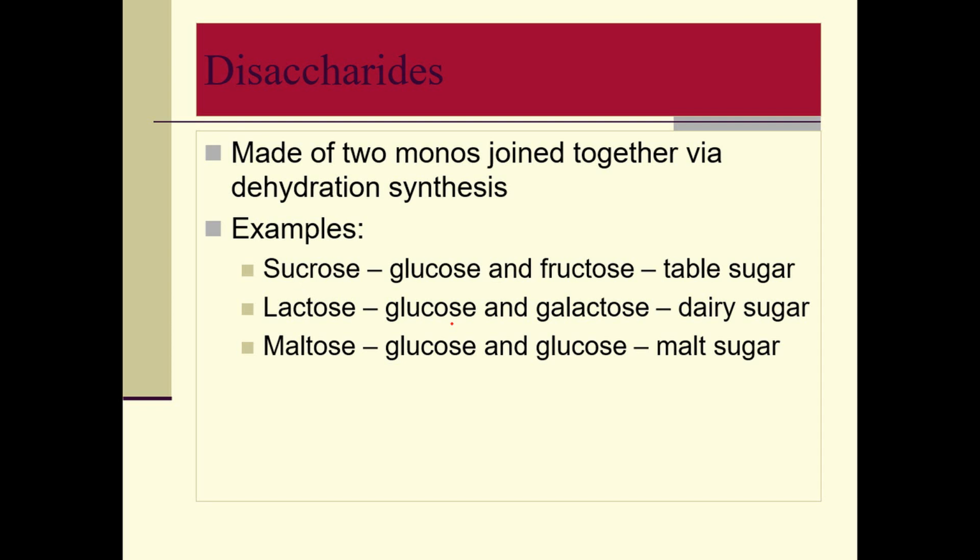You don't have to worry about it other than knowing that glucose and galactose make up lactose, and that's a dairy sugar. You may have heard of people that are lactose intolerant. They lack the enzyme that recognizes this union, so it can't break that down. And maltose is malt sugar, sugar found in some beer, and that is made up of glucose and glucose.